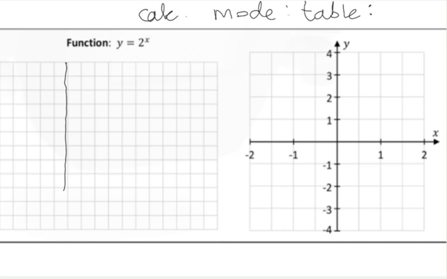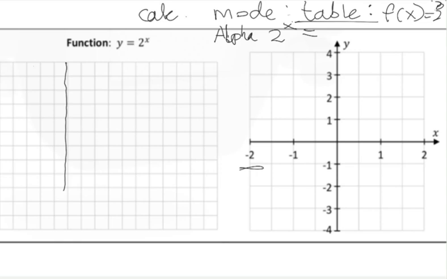your f of x. So you go f of x is equal to, in this case, 2 to the power of x. So we're going to have to use the alpha. So do alpha alpha, and then go 2, and then the x button goes up there. Press equals, then fill in your table, and you will get an output of all these values. Okay, so let's start off with -2 over here.